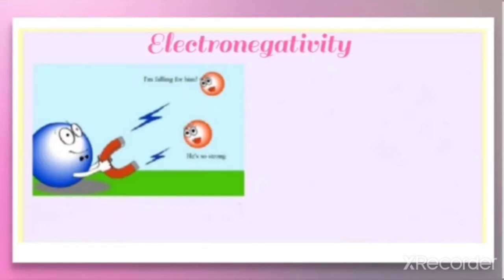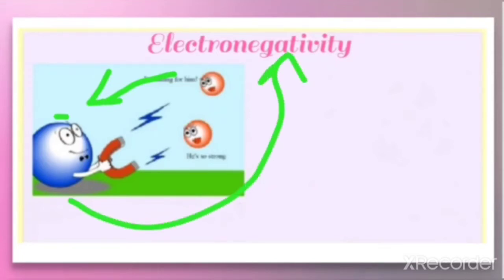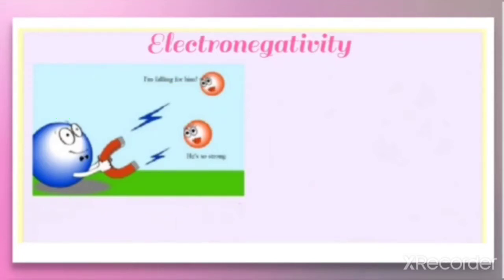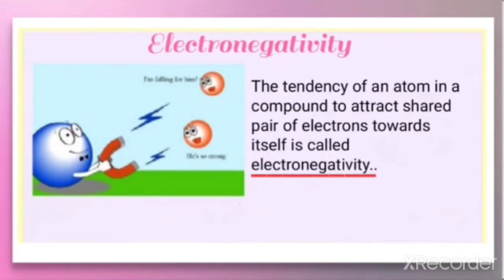Here you can see the atom. This atom is attracting the electron towards itself. That tendency is nothing but what? Electronegativity. So electronegativity can be defined as the tendency of an atom in a compound to attract the shared pair of electrons towards itself.